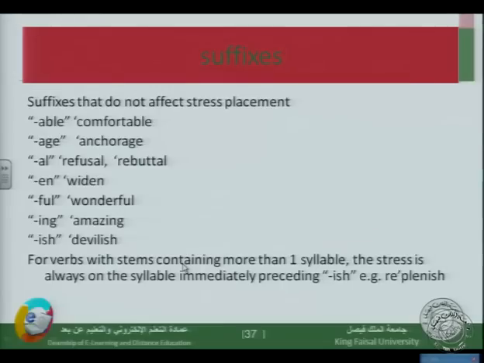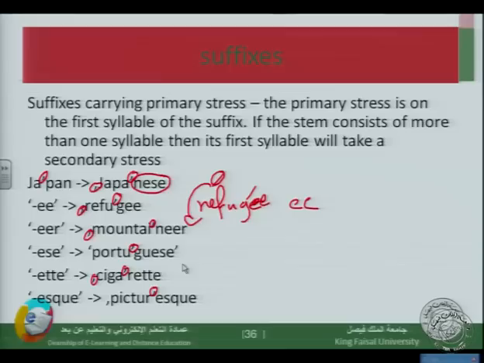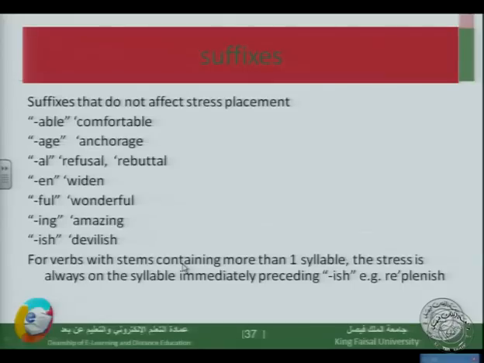However, there are some suffixes that do not affect stress placement. These suffixes we add to some words do not change the place of the stress at all, whereas the earlier suffixes did change the place of the stress. For example, comfortable: the same stress stays on the same syllable. So please try to memorize all of these suffixes that do not affect stress placement.